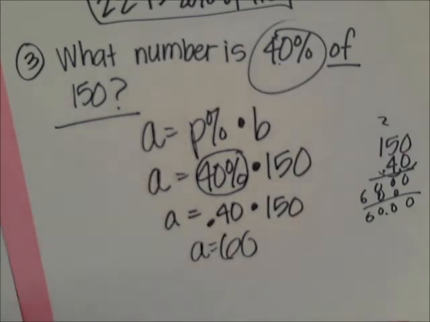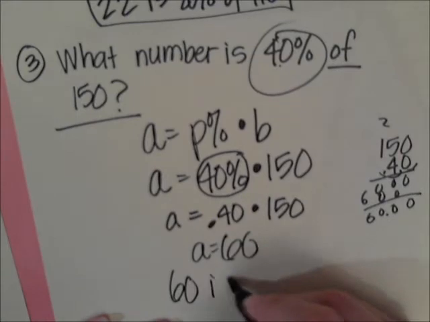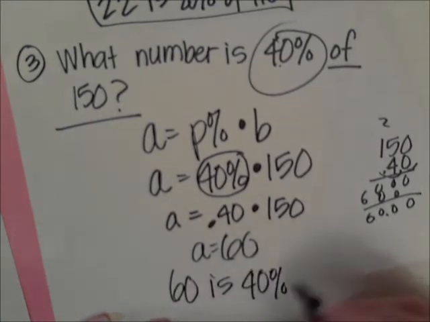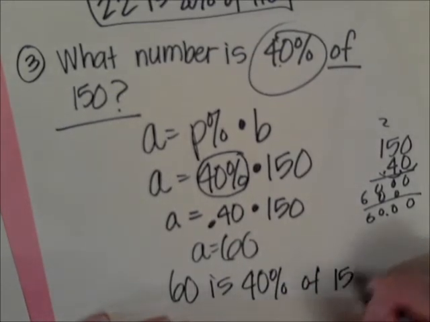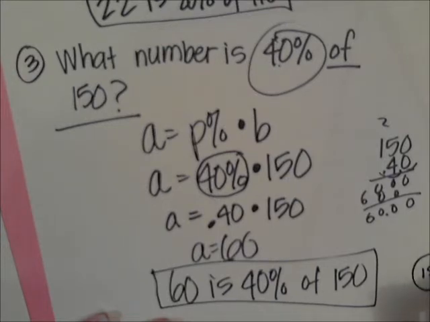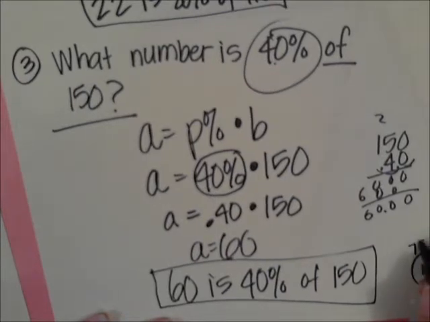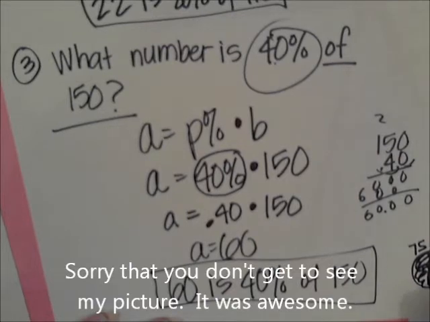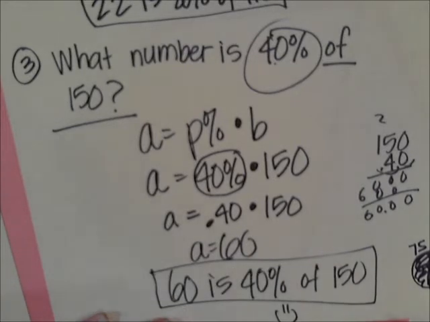We would be saying that 60 is 40% of 150. Well, 150 divided in half would be 75, and 40% is less than half. 60 is less than half. So yeah, I think this is a reasonable answer.